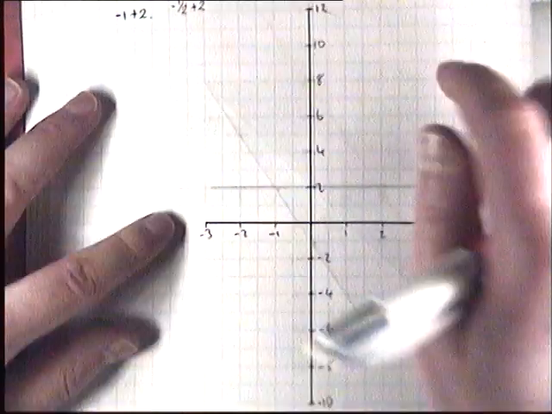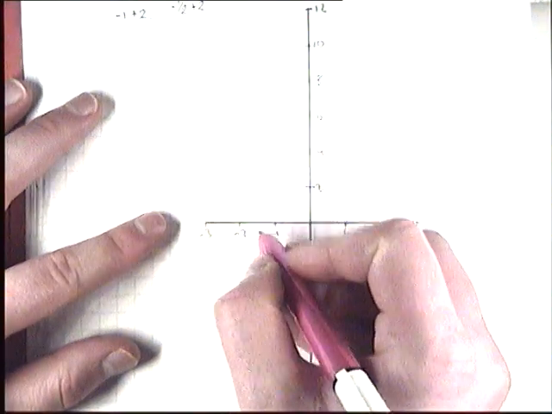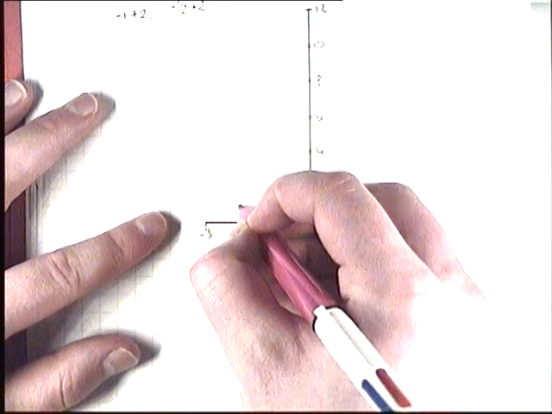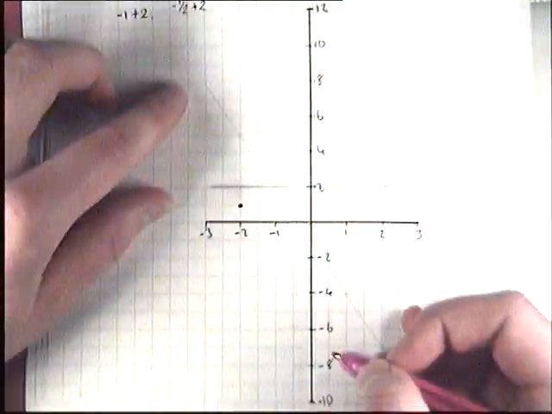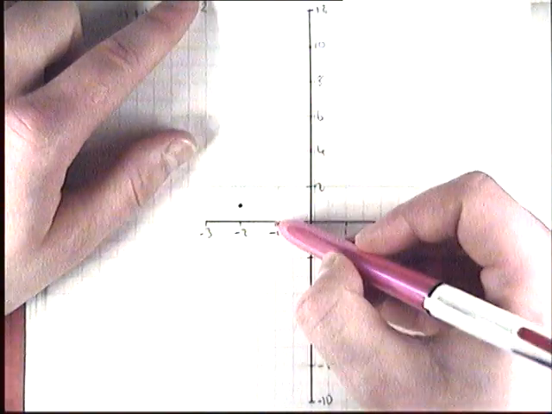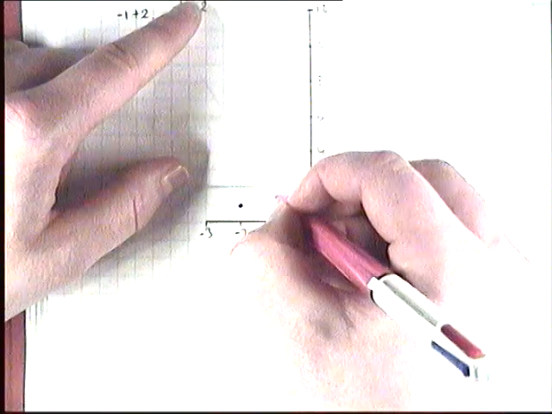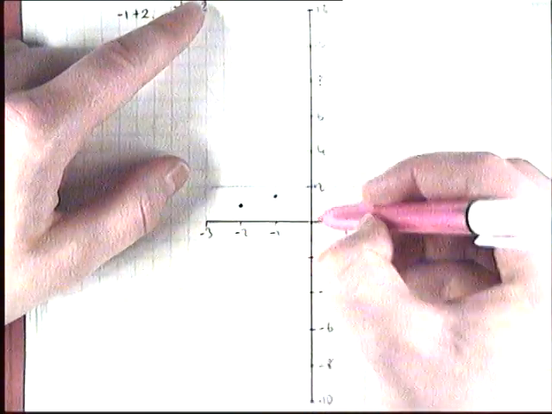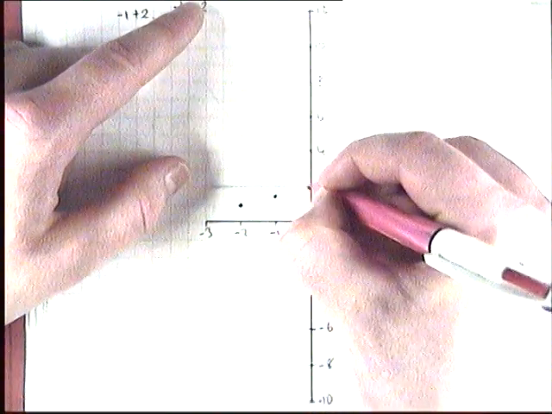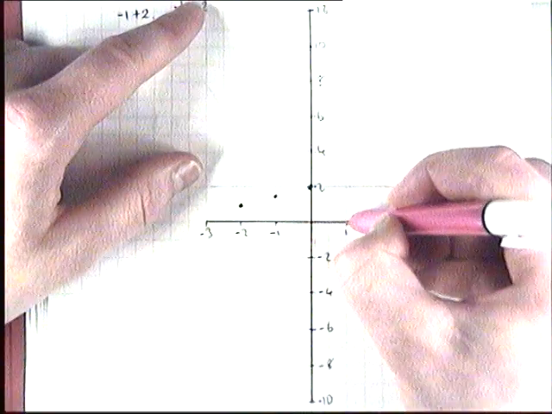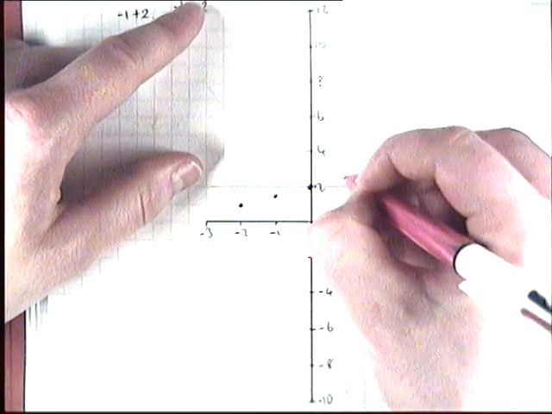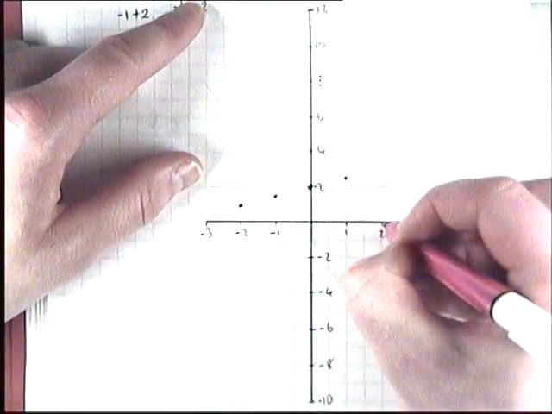So we've got minus 2, 1. Minus 1, 1.5, which would be about here. 0, 2. 1, 2.5. And 2, 3.